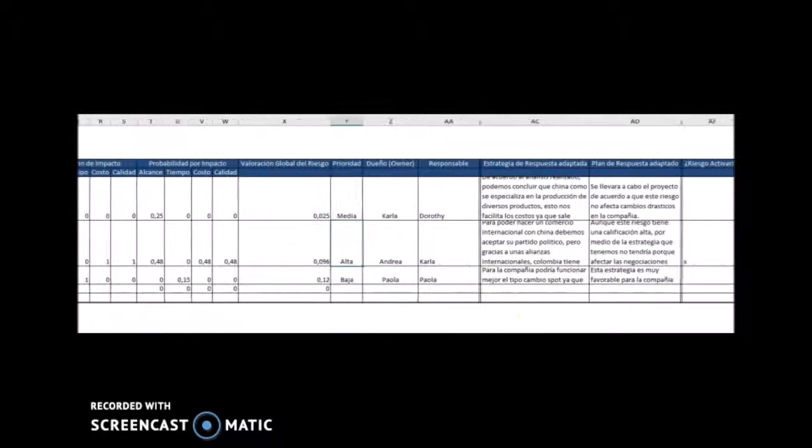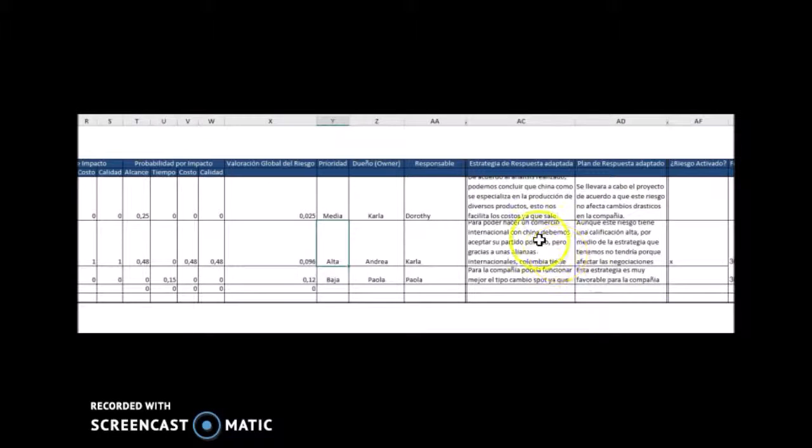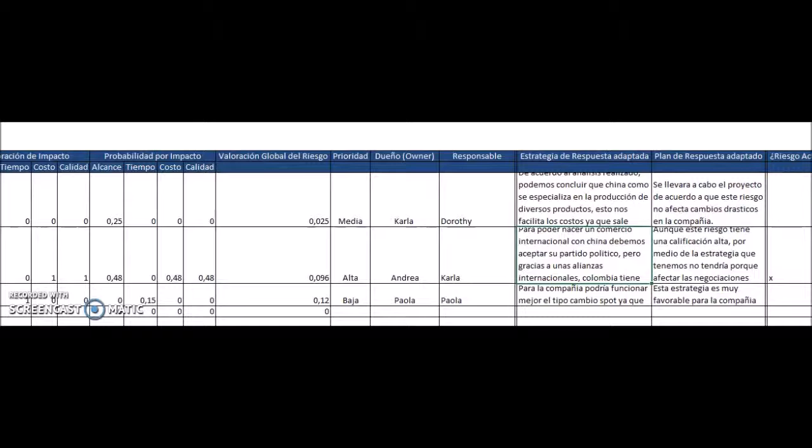And as a strategy to mitigate this risk, we're going to accept the political party. Thanks to some international alliances, Colombia has some facilities as well. The barriers are going to be eliminated, basically the economic barriers.